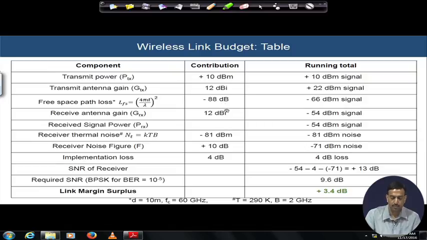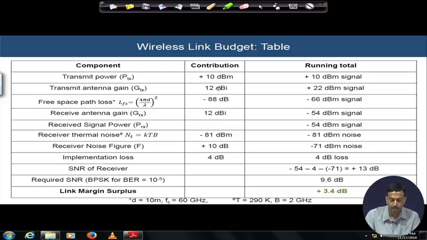However, we can also include a receive antenna gain for illustrative purposes. So this is an additional gain which is possible provided the receiver has the capability to deliver an antenna gain. That is, if a smart antenna system is available at the receiver which can provide this kind of gain. So what we see is the rest of the calculations remaining the same.